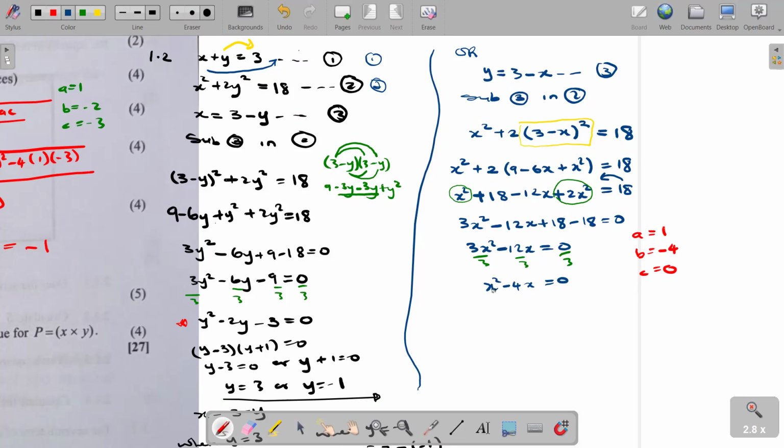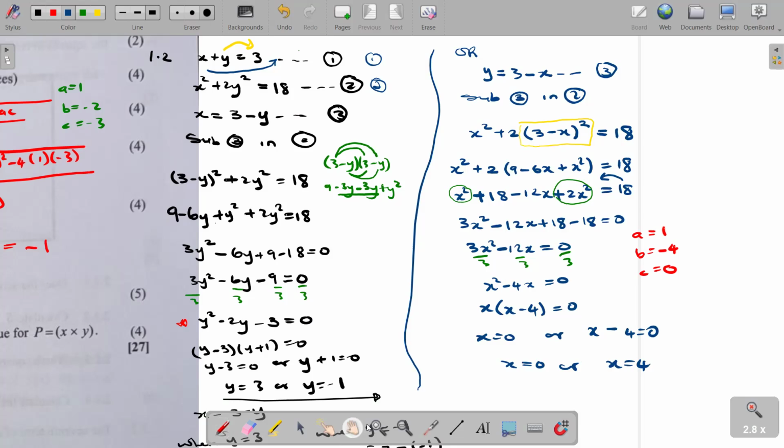So by factorizing, x is a common factor, then we are left with x minus 4 equal to 0. Therefore, x is equal to 0, or x minus 4 is equal to 0. So our x is equal to 0, or our x is equal to 4.